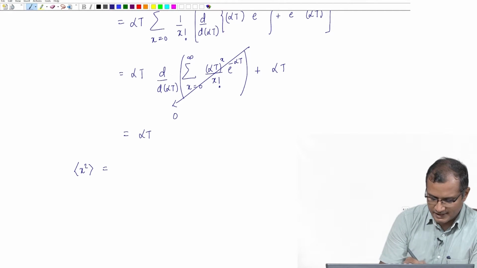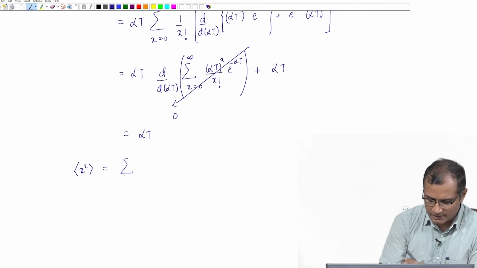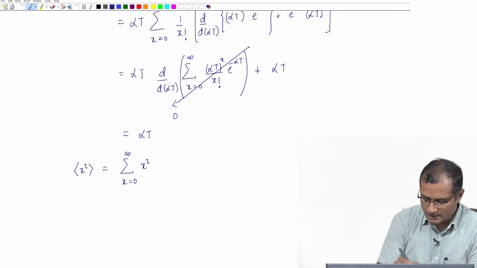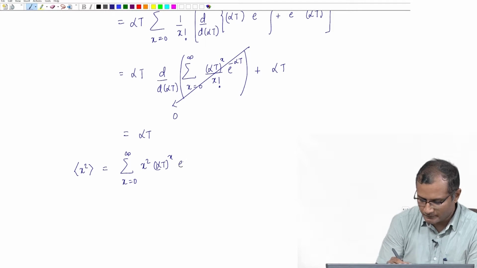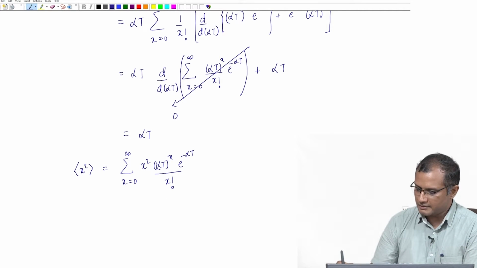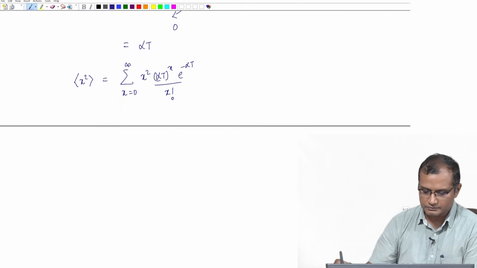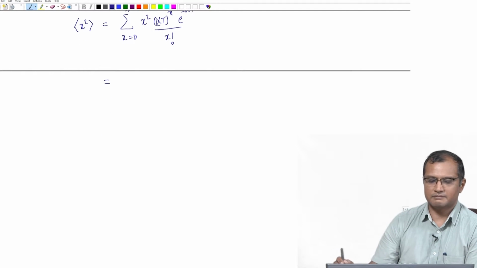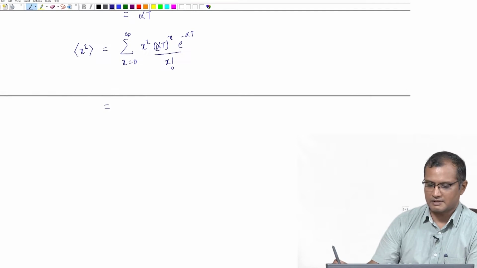So, I will say that by the same logic, this is nothing but x going from 0 to infinity x squared alpha t to the power x, okay. And by the same logic as before, and this is purely a straightforward calculation.